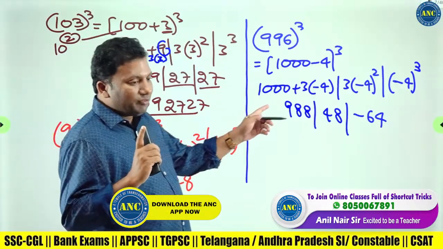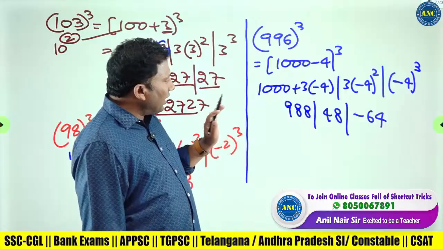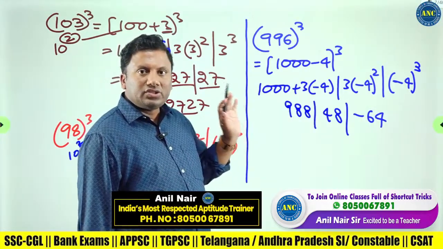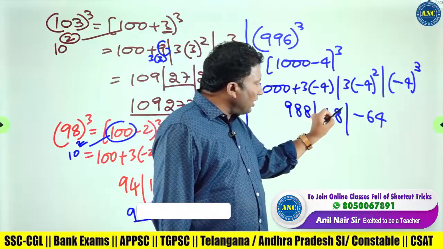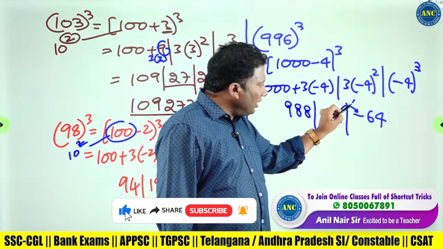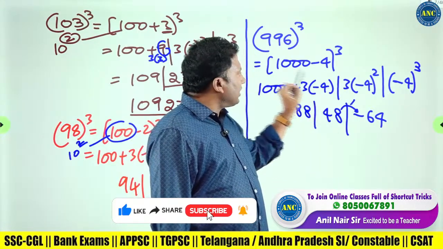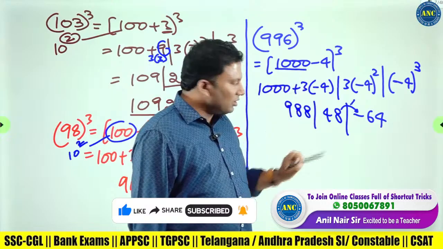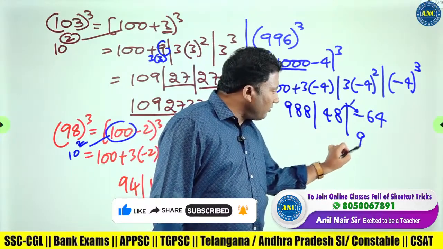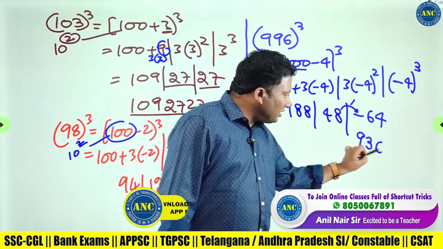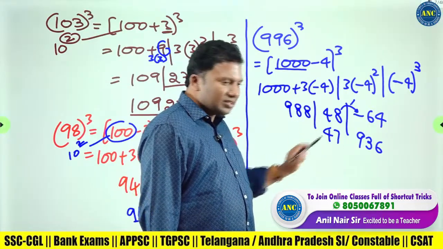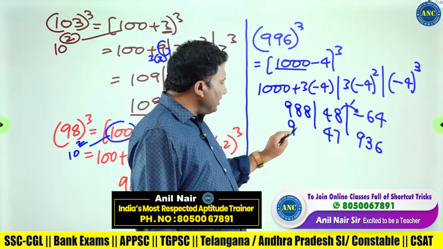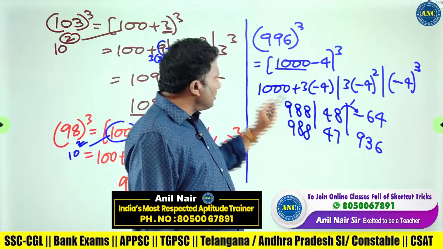This is where, if you remember, you will do it quickly. 988, 48 minus 64. If I am cubing a positive number, I will not get a negative number. 1 is carried. 1 is carried on a base of how much? 1000. 1000 minus 64 is 936. 48 minus 1 carried is 47. This is as it is, 988.